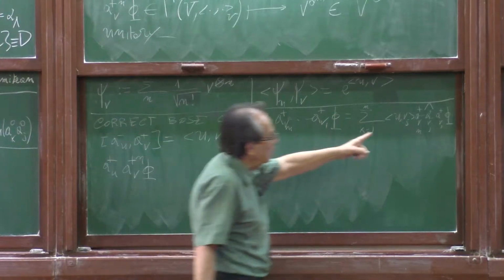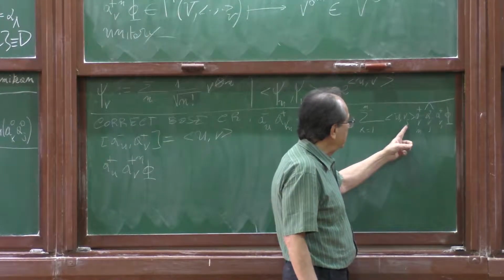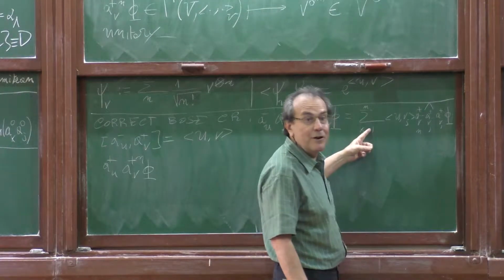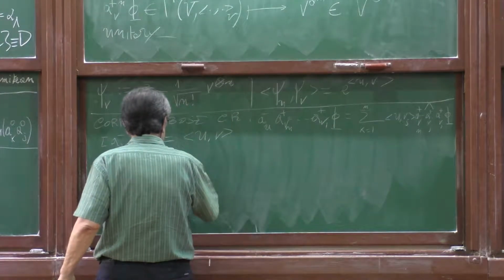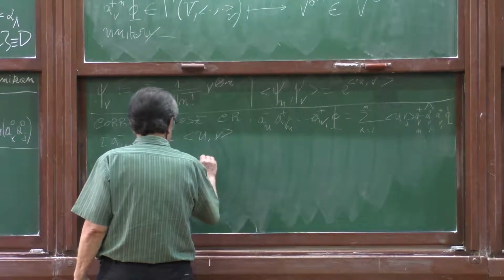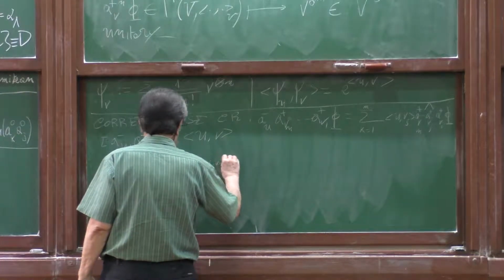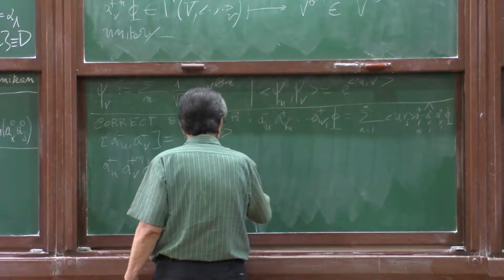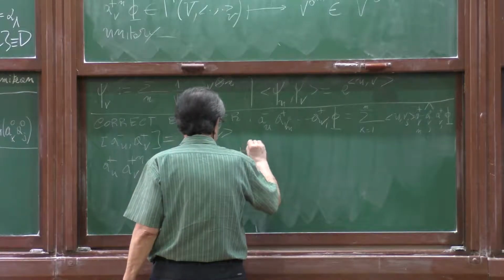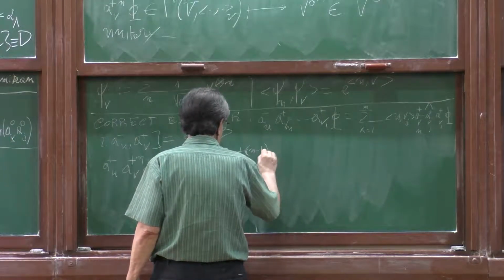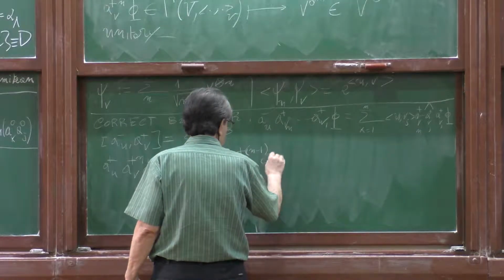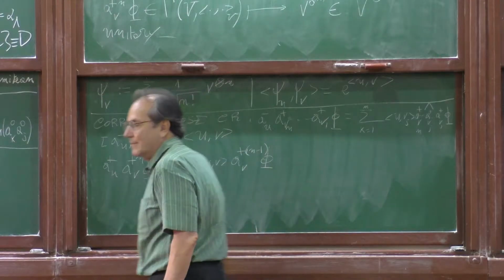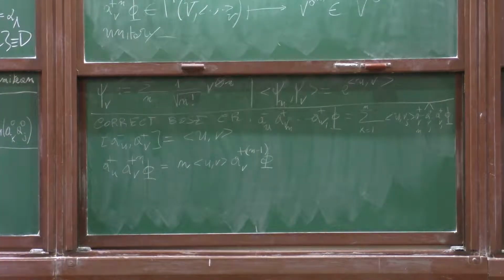So you see, all the V are equal, these are all equal, and you have N of them. So this will give N UV A dagger N minus 1 V. See?